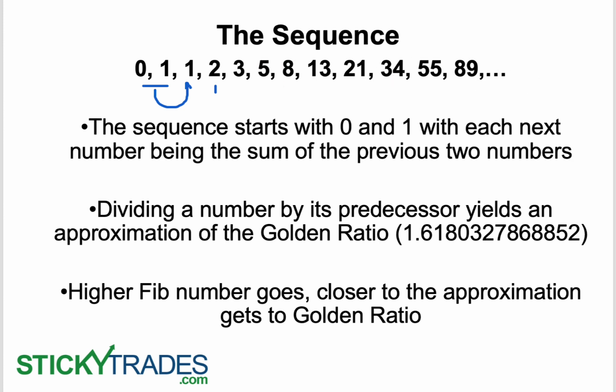However, as you get into the higher levels, the ratio between the number and its predecessor yields an approximation of what's known as the golden ratio of 1.618. And the higher the Fibonacci numbers go, the closer the approximation gets to the golden ratio.